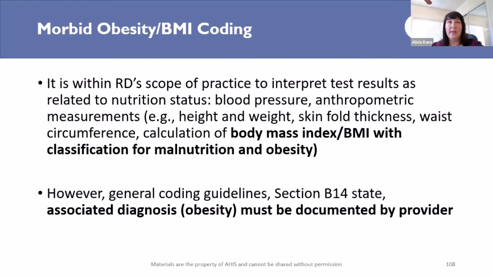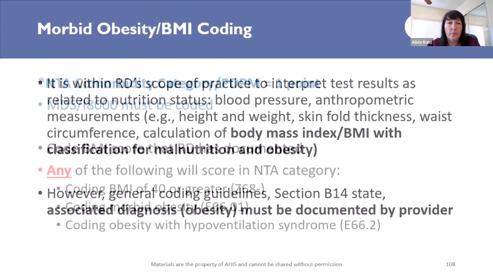But if you have a resident who comes in and, you know, they're 5'3" and 500 pounds, and your physician has not documented obesity, but it's apparent that they are morbidly obese, you would want to query the physician, and that query tool should be part of the packet that was provided to you today. But just remember, when it comes to BMI, you only code that as an addendum or an add-on to an obesity code, or maybe a malnourishment code. Next.